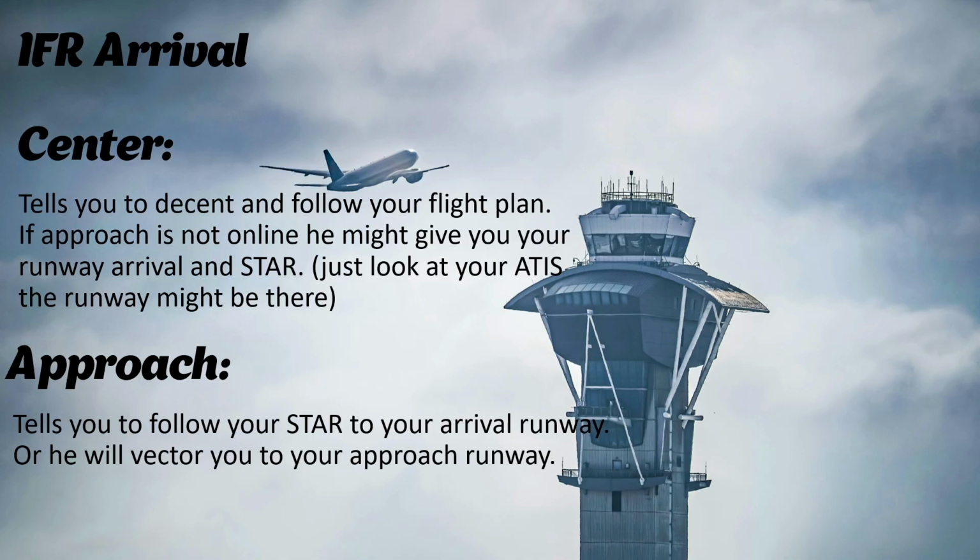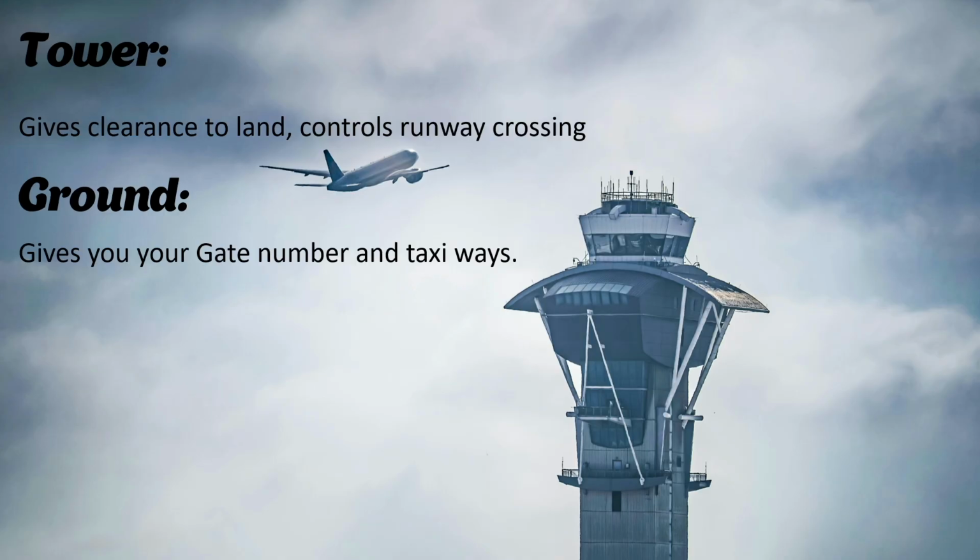For example, approach might say turn heading 270 to your final runway 27 left. Something like that. Tower gives clearance to land, and controls runway crossing as well.